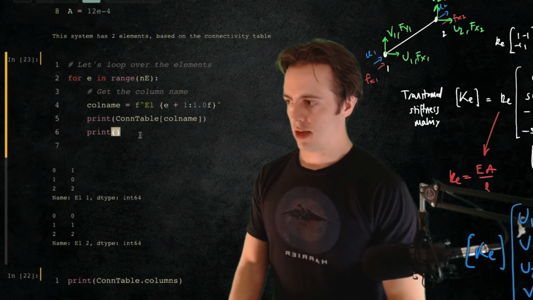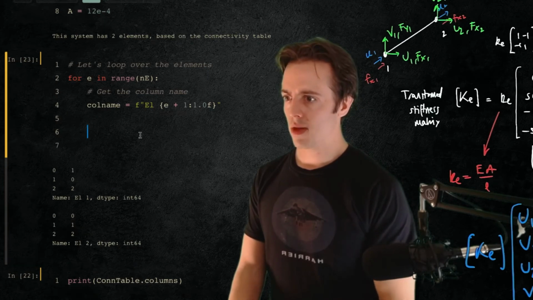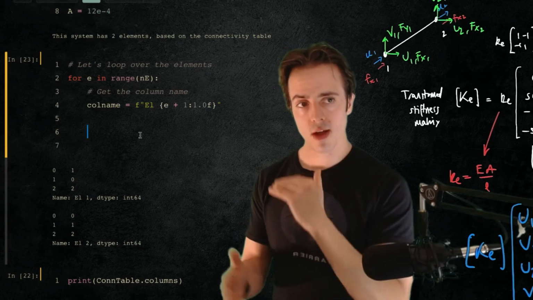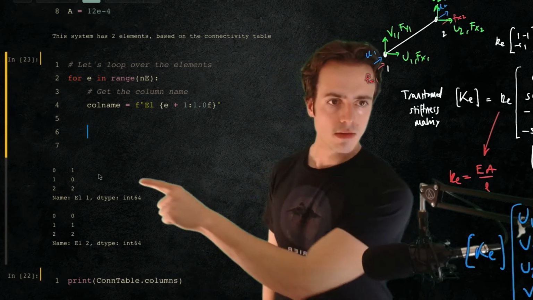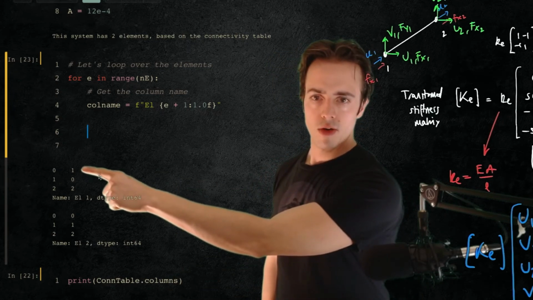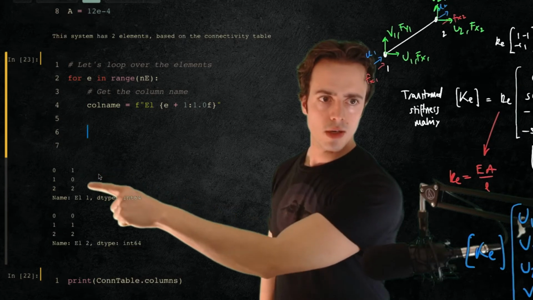Okay, I don't need to print out that anymore. So what I now want to do is I want to find out which is the starting node and which is the end node. So I want to find out what corresponds to node 1 and node 2.